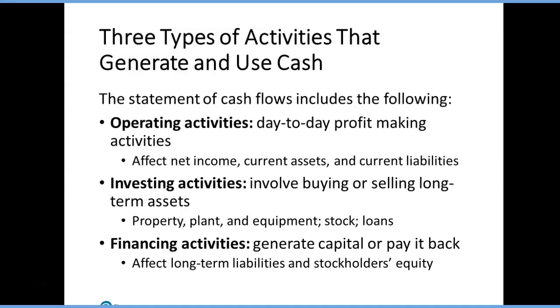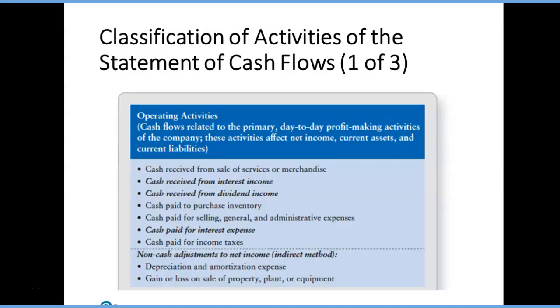Investing is all about long-lived assets, PP&E. Anything that's happening with your PP&E cash-wise is going to be included in that section. And then financing is going to be stock and the long-term liabilities, which is like bonds and other types of liabilities.